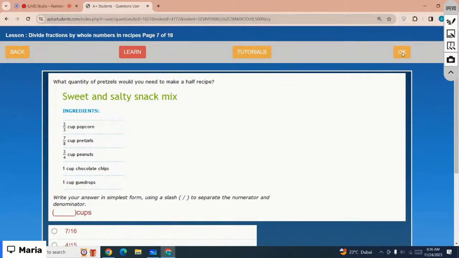What quantity of pretzels would you need to make a half recipe? In the original recipe that is 7 over 8 cup pretzels. So which is the correct option?